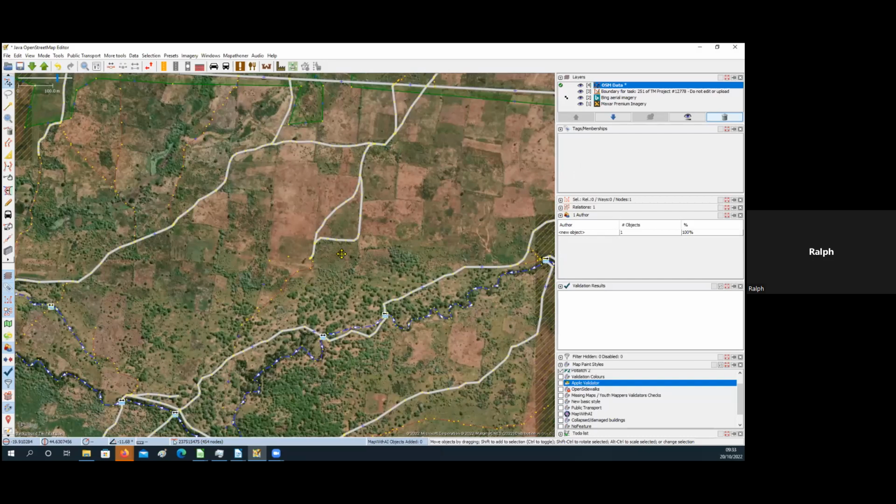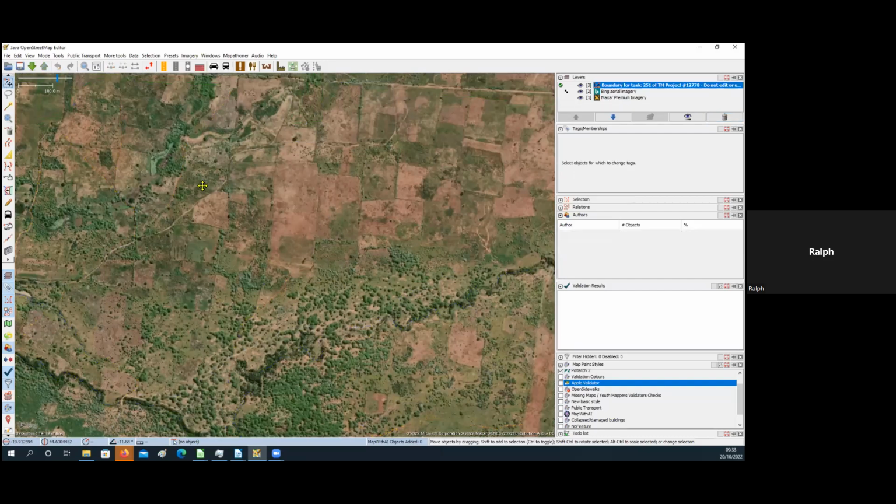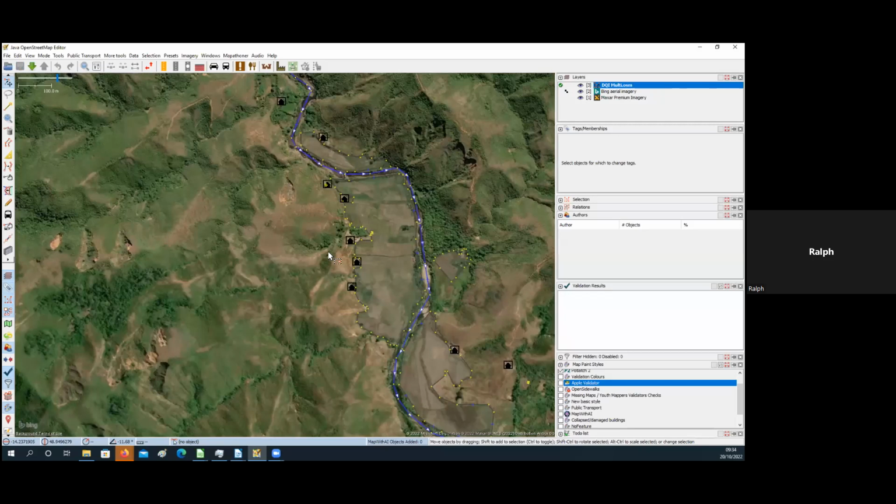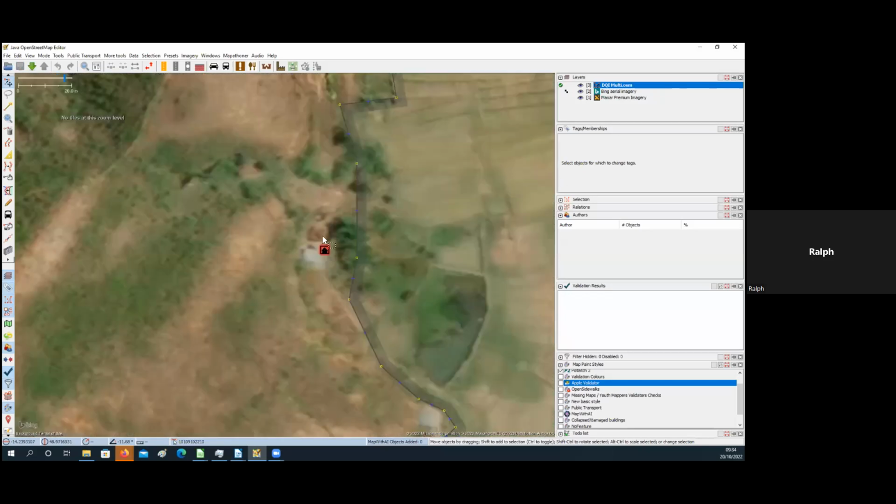Right, this was where you were mapping for waterways and things like that. Now, here is an example that we don't want. Can you see that each little group of buildings has been marked as place isolated dwelling? Now, you can see that that is not correct.